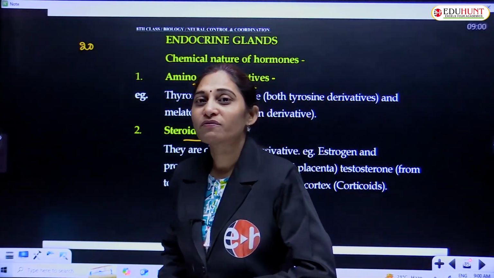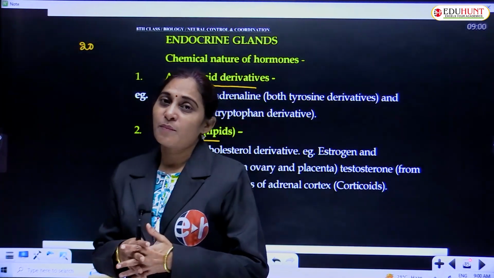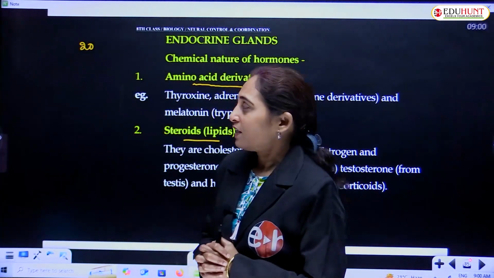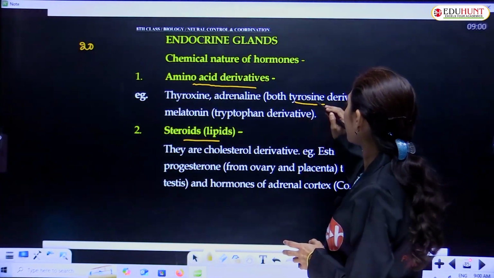These are some of the amino acids. And let us see one of the amino acids, that is tyrosine.